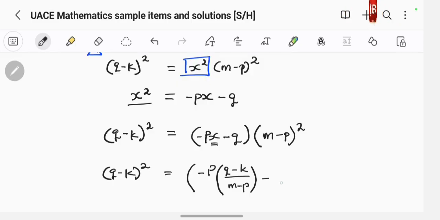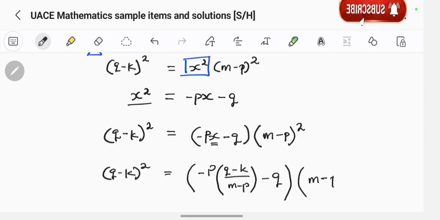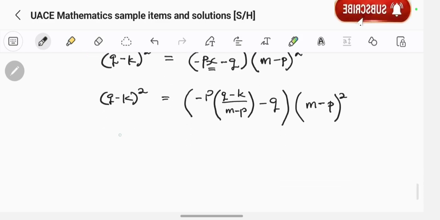Then we subtract q into m minus p squared. What does this give us?